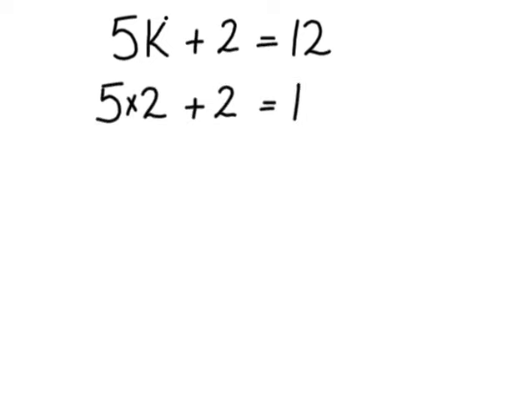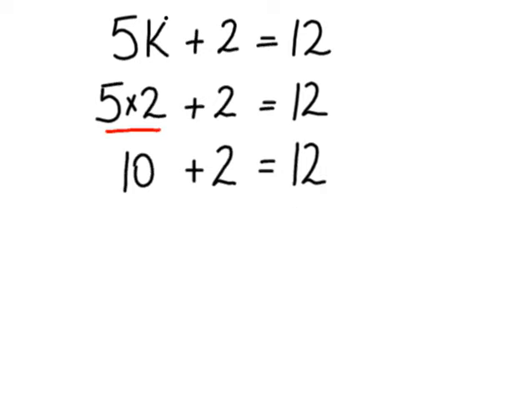Again, we're going to follow BEDMAS. So we will do 5 multiplied by 2 first. 5 multiplied by 2 is two groups of 5, which is 10, plus 2 equals 12. And as you can see, 10 plus 2 does equal 12. So our verify worked, and that means we successfully solved this algebraic equation.